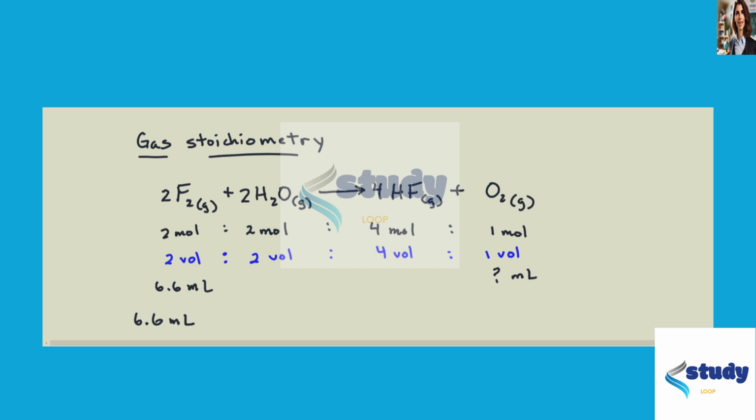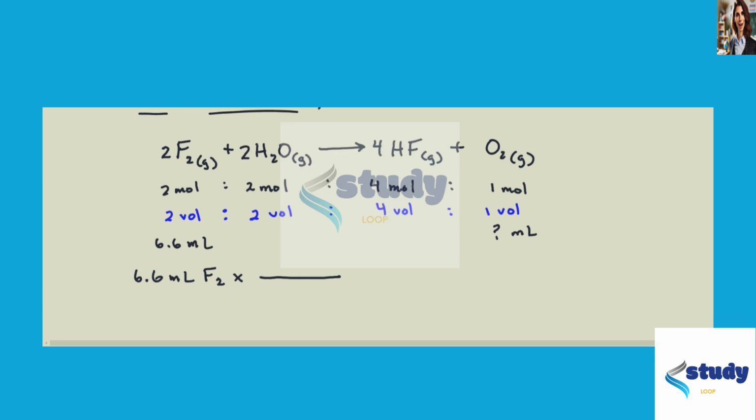I'm starting with 6.6 milliliters of the F2. And our coefficients, our volume ratio, shows us that for every 2 volumes, in this case, the volume is milliliters, for every 2 milliliters of fluorine gas, we're going to produce 1 volume, or 1 milliliter, of the oxygen gas.